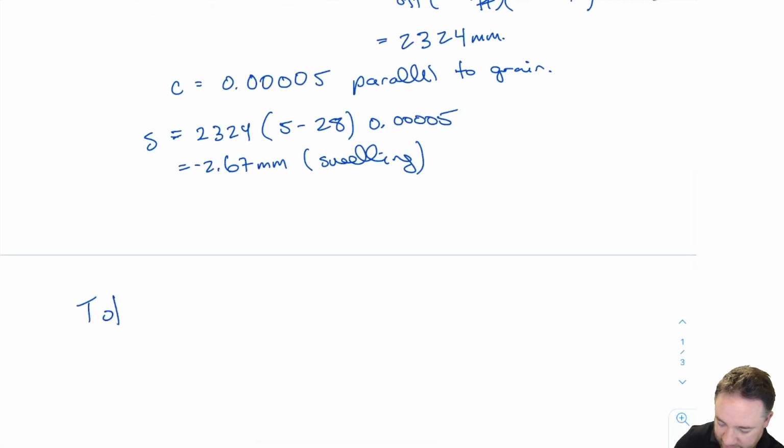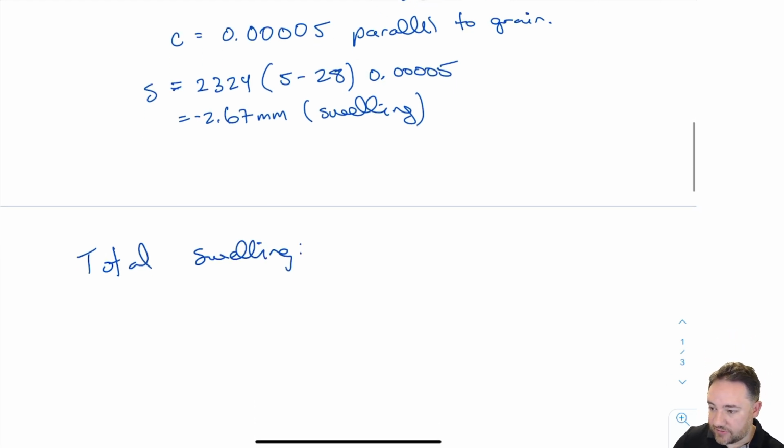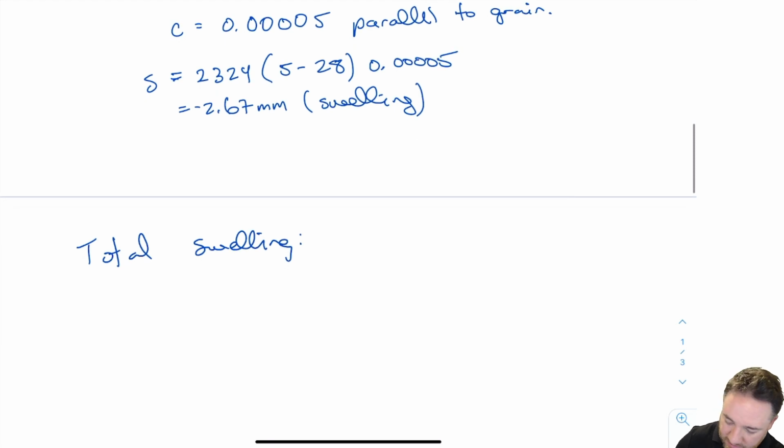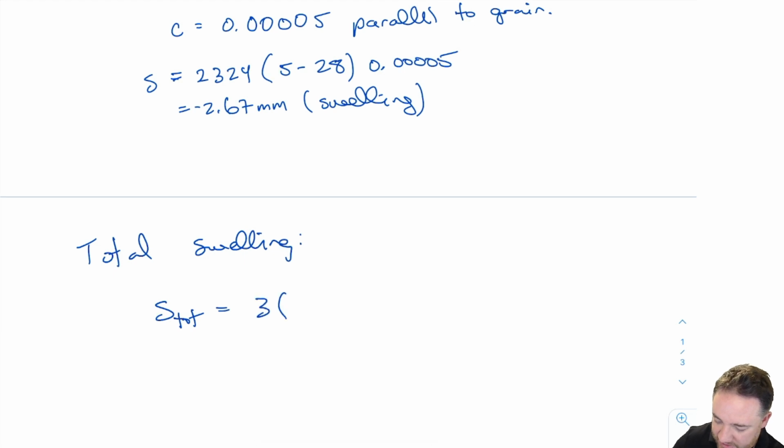So if I want to now find the final total swelling, S total is going to equal 3 times S of the horizontal members plus S of the vertical members.